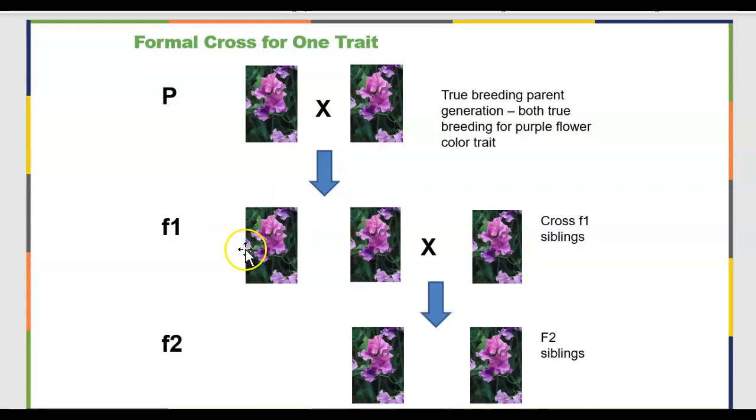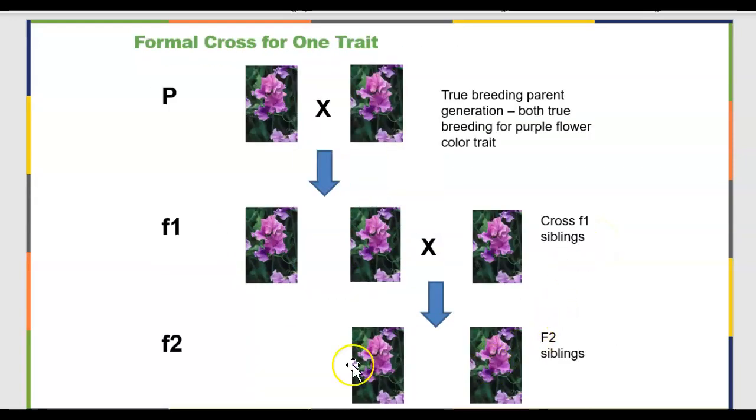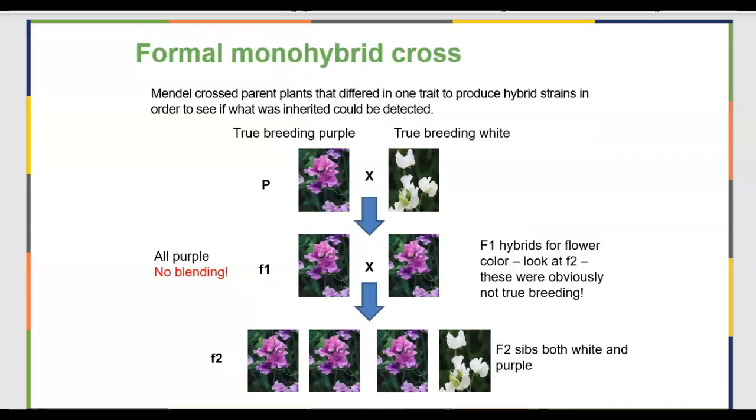Then we take those and cross it again with one of its same generation, so that's why they're saying one of its siblings here. And then the F2, we don't see any difference, right? We get another purple plant. So this is a true breeding situation where we have a single trait and it's purebred for that trait, and we're going to keep getting that trait over and over multiple generations.